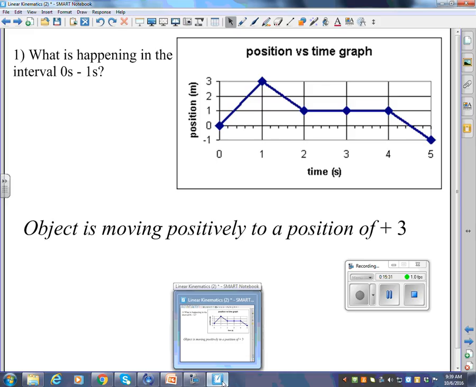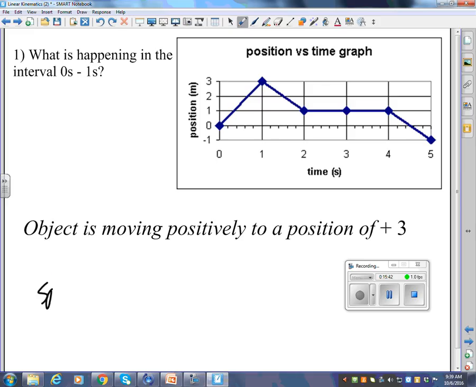Do we know how fast it's going? You could do the slope. You sure could. What would be the speed? It goes from 0 to 3 in 1 second. So the speed would be distance over time, 3 over 1, or 3 meters per second.